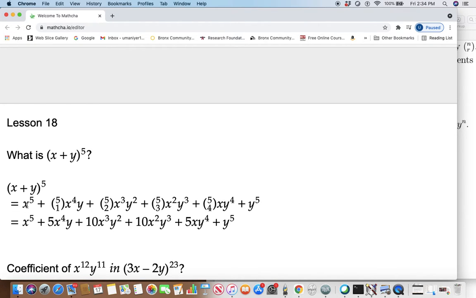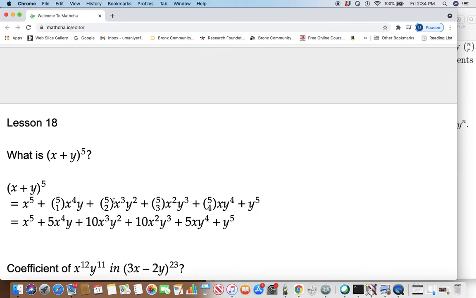So notice how you start with a degree of 5 for x and systematically reduce while increasing the degree of y until you get y^5. So 5 choose 1 represents y to the first power, 5 choose 2 represents y to the second power, and so on. Well, the rest is just formula.